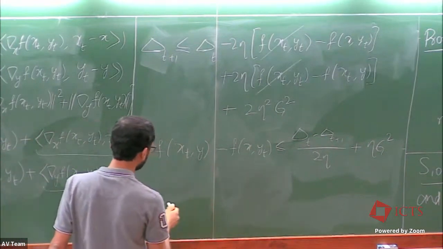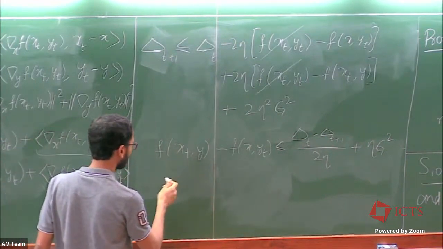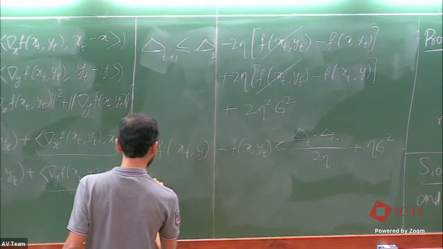And then we can take a telescopic sum and then average. So if we take an average here, what we get is 1 over t.